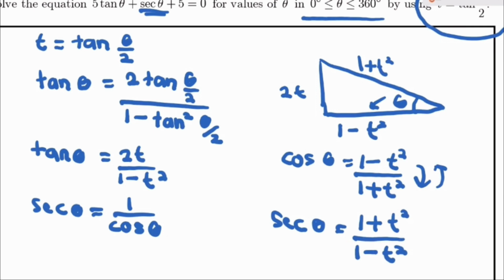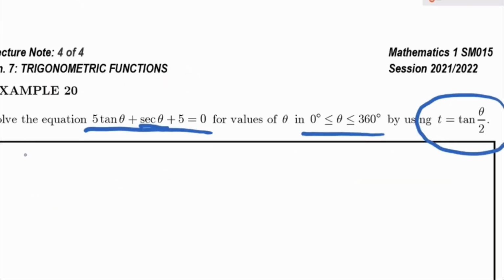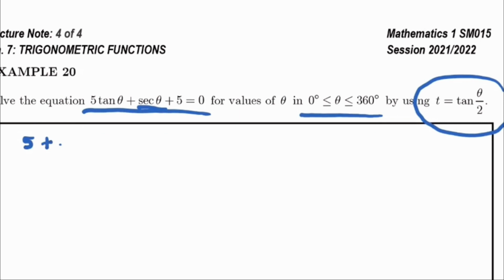After we know the tangent theta and secant theta in terms of t, we substitute into the equation. We are given the equation 5 tangent theta plus secant theta plus 5 equal to 0.